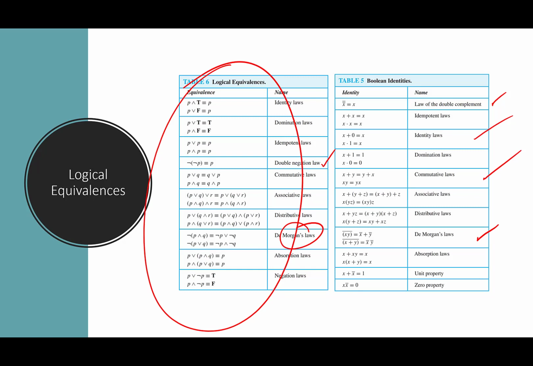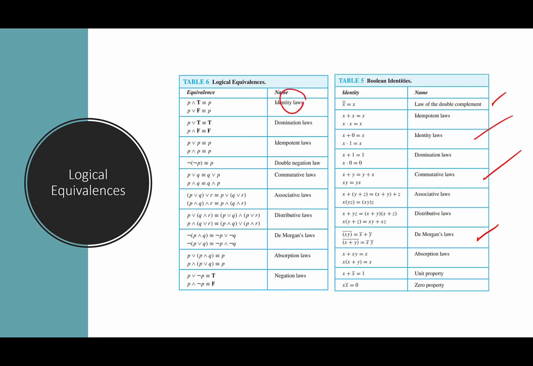If I say x plus 0, I get x, right? That's x or 0. If you think of it that way, x or 0 gives you x. And it's the same as this identity law right here. Let's clear out some of these markings here. The identity law, they're the same conceptually, right? Domination laws, same thing, okay? The idempotent laws, there's counterparts on each side of this, and they should be pretty intuitive.